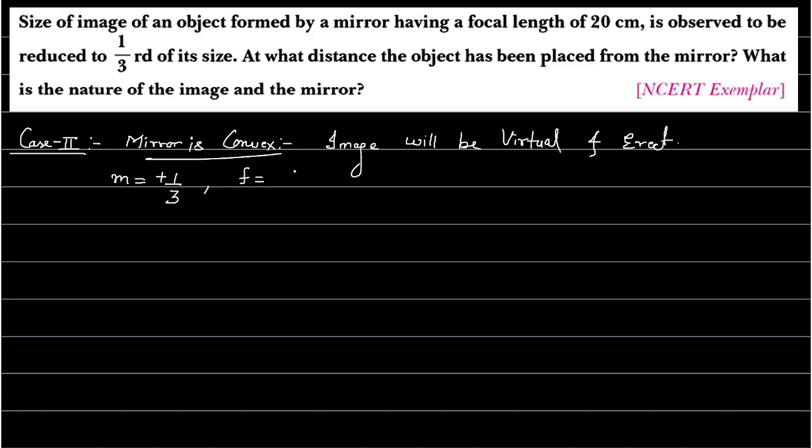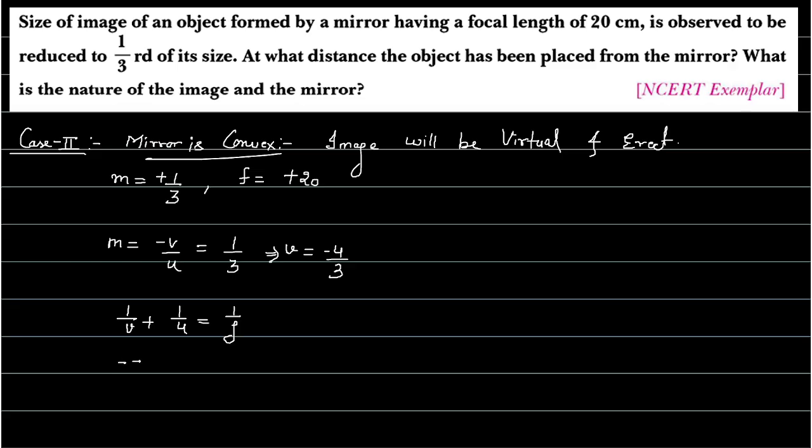f will be equal to plus 20, and m we know is minus v upon u, that is 1 upon 3. So v comes out to be minus u by 3. Now again use the mirror formula, 1 upon v plus 1 upon u equals 1 upon f.